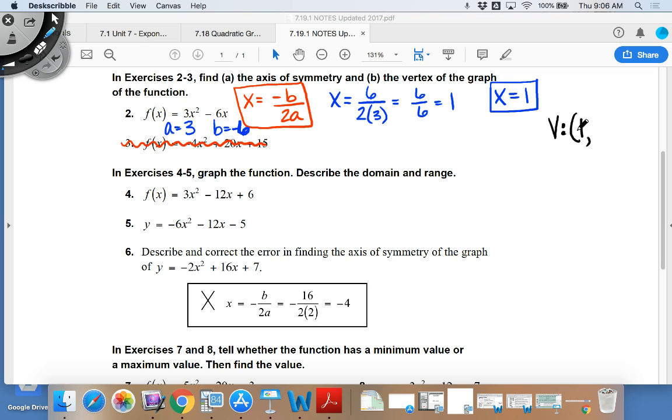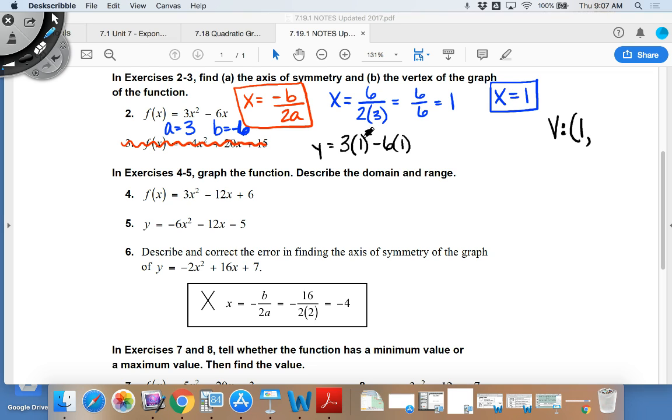Then we're going to sub a 1 in place of x into our original function. Our original function was 3x squared minus 6x. So instead of x, I'm going to put 1 squared, and 6 times 1. f of x really means y, so whatever this equals is our y value at that point.